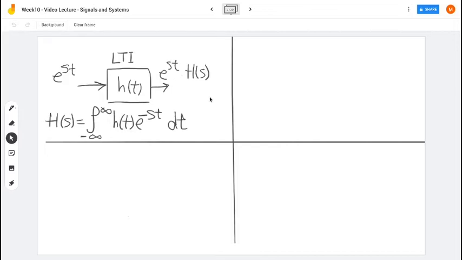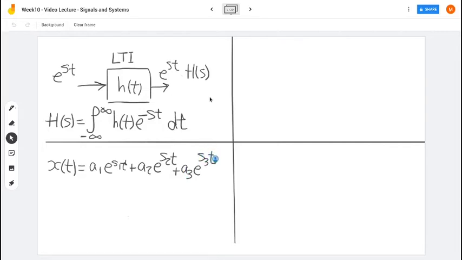So how is that? Let's imagine we have an input signal x(t), and somehow we managed to express it as follows: a constant a1 times e^(s1 t), plus another constant a2 times e^(s2 t), plus a third constant a3 times e^(s3 t).